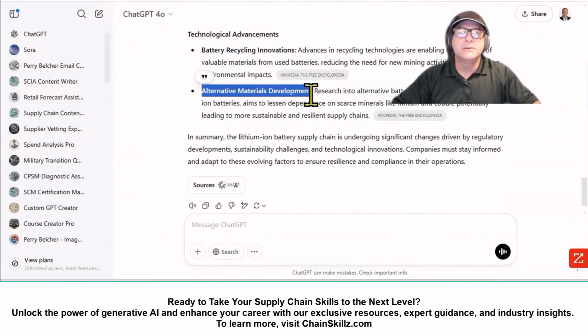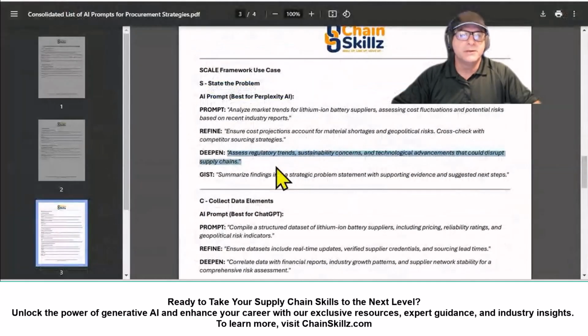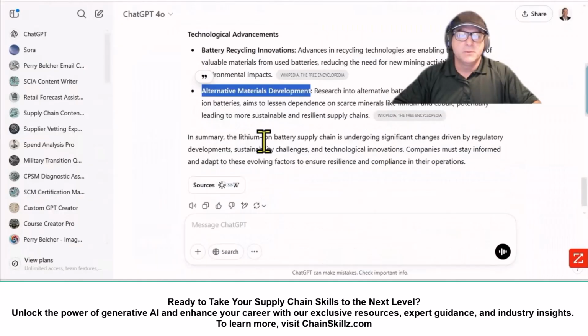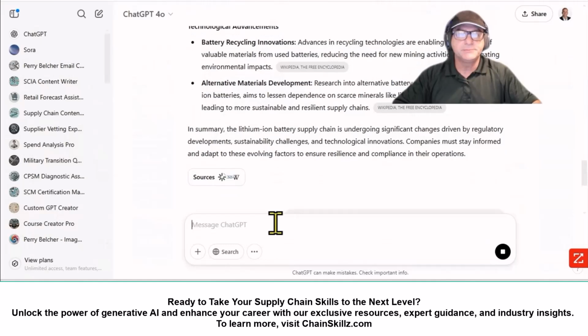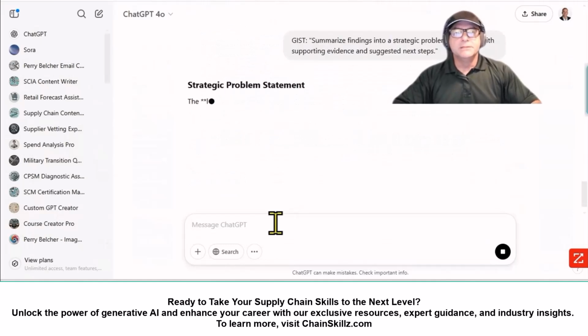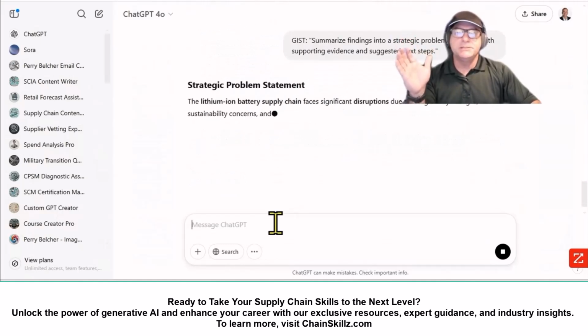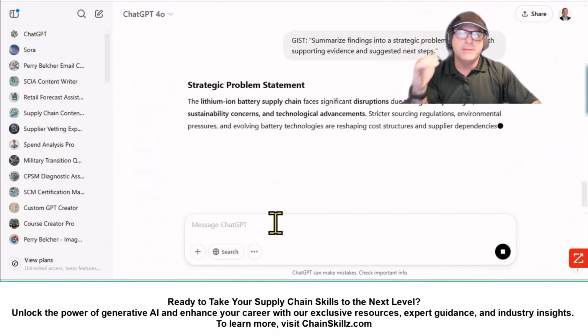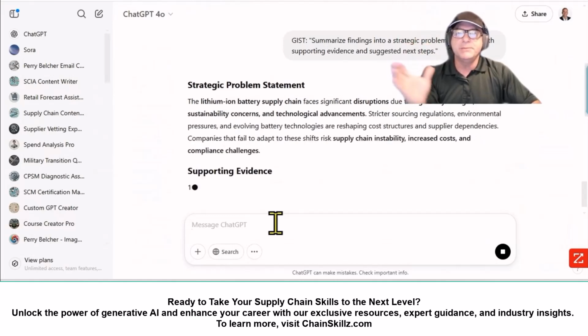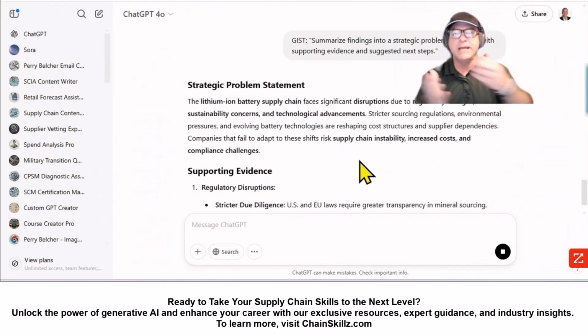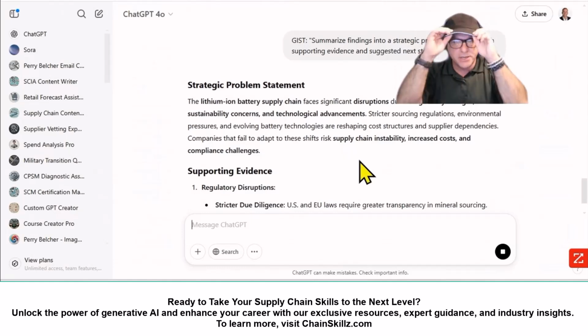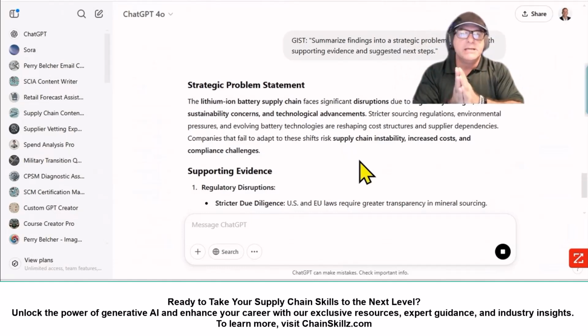Okay, cool. Now, the one question we have here is the problem statement. Again, the reason I'm showing you this is to use the SCALE framework. Do I have the best problem statement? If I'm going to present this to higher-ups, have I thought through the problem enough to have a solid statement of what the problem is?